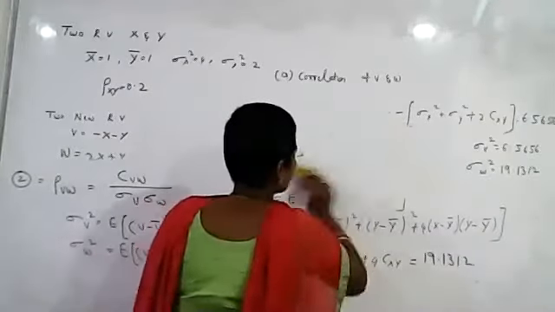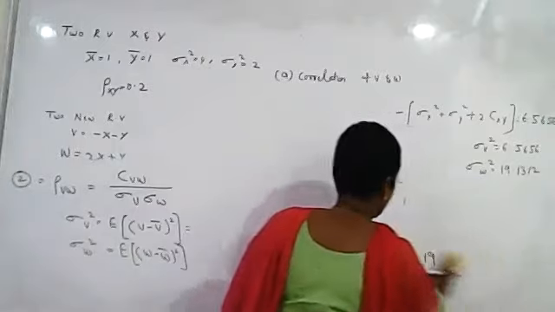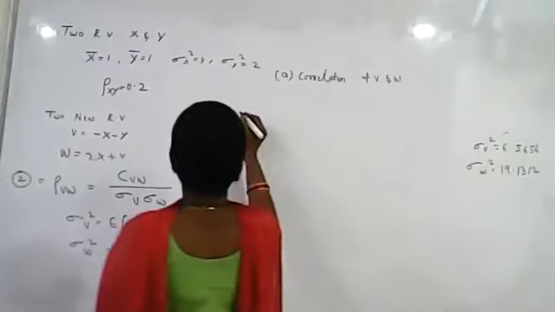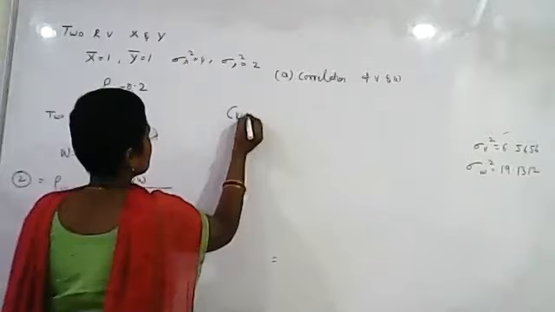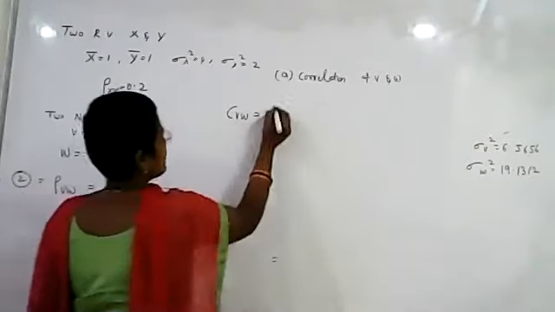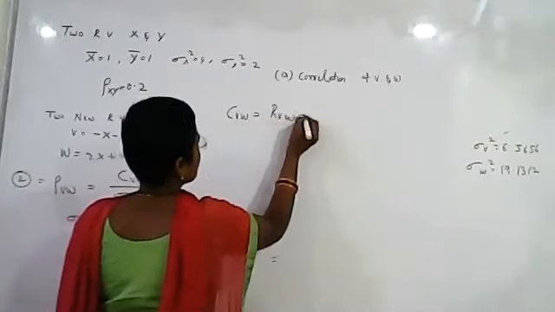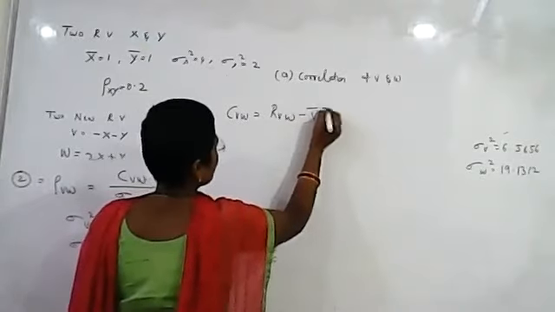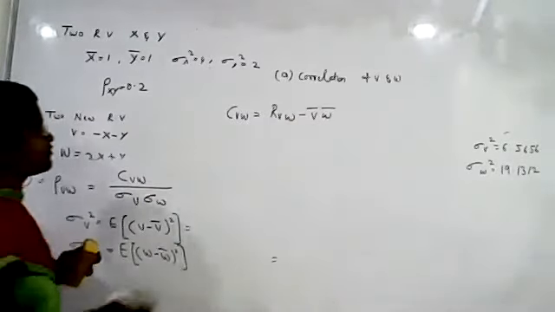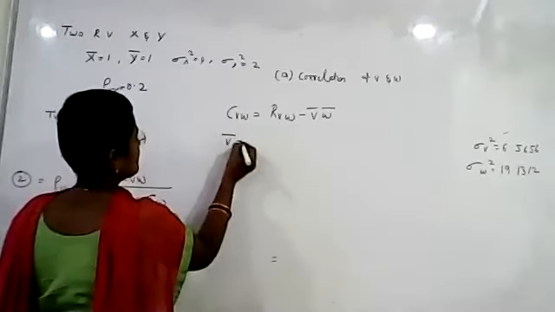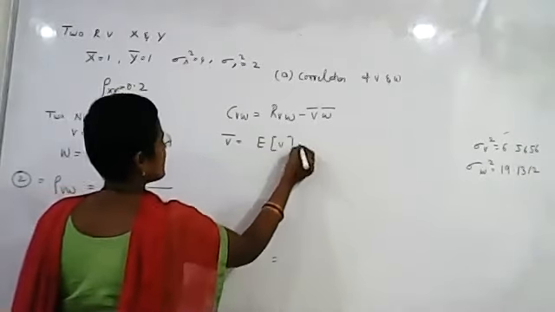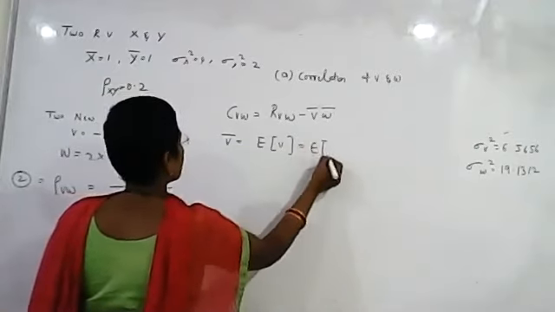Now we have to find out the numerator. What is the numerator? CVW. What is CVW? CVW can be written as RVW minus V bar W bar. So find out V bar now, expected value of V. So what is V here?